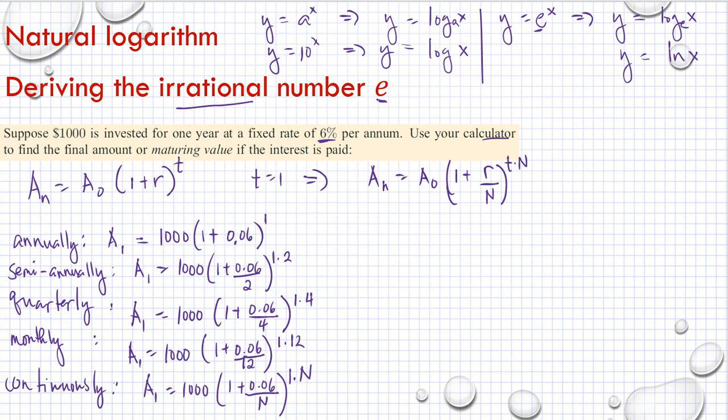Okay, but we need to simplify things. We cannot just put n as it is. We don't know what n is. So if we have, for example, 1 divided by a is equal to r divided by n, then we can put it there.